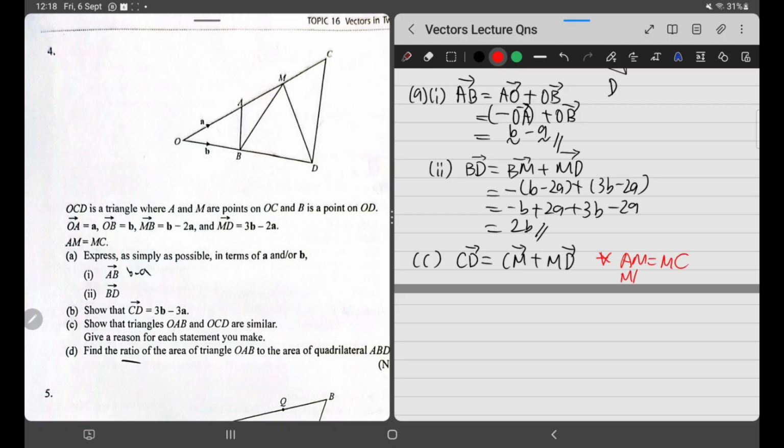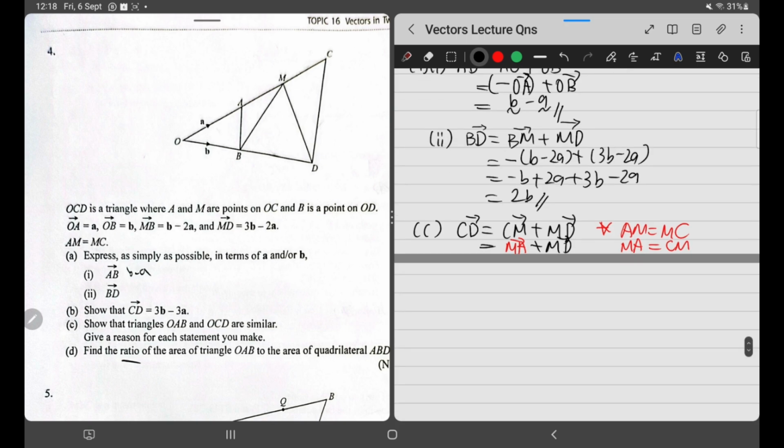Therefore, MA equals CM. So we can replace this with MA plus MD. And what is MA?